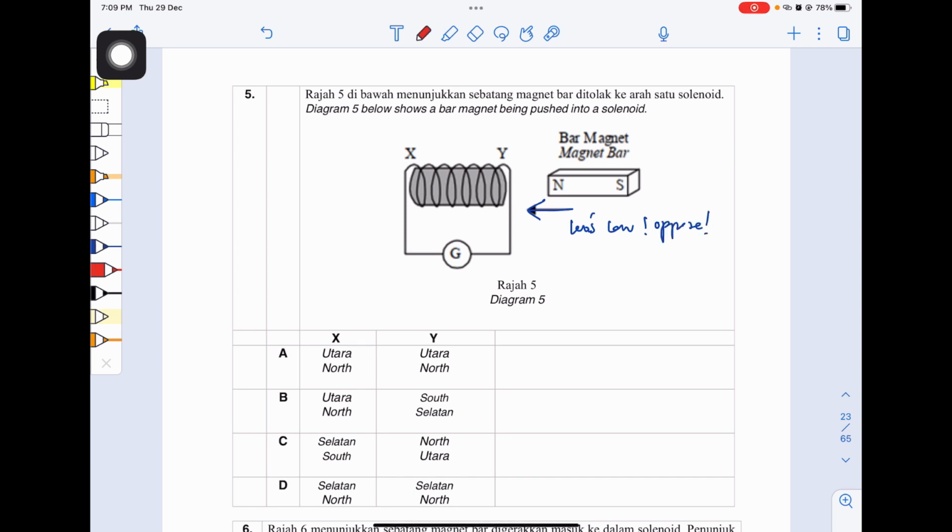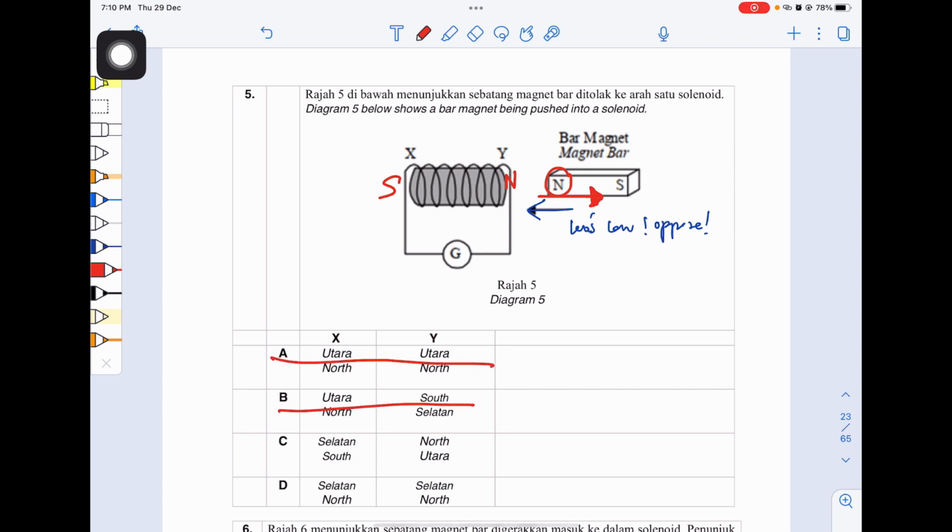Jadi, due to the Lenz's law, dia nak against the motion tu. Dia repel. So, repel means sini north. Sini must be north juga in order to repel. Okay. So, bila sini north, so, jawapan X akan jadi south.